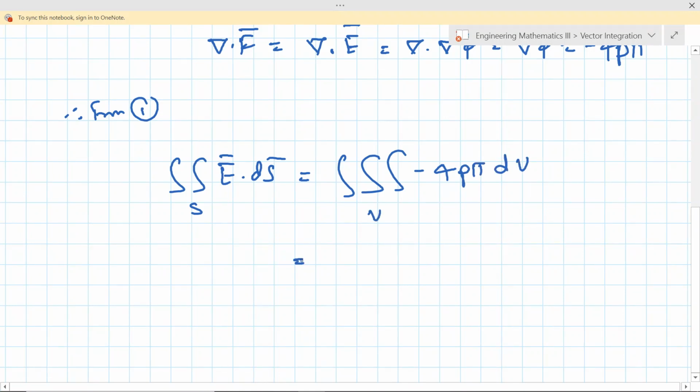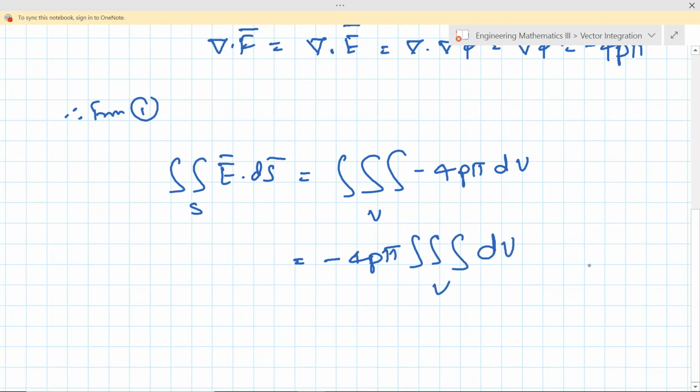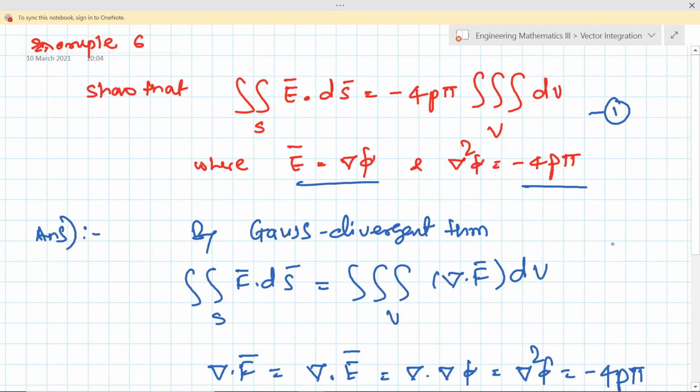And minus 4 rho pi is nothing but a constant, so it is outside: minus 4 rho pi triple integration dv over v. And that's it. This is the answer that I needed to show. So this is about the Gauss divergence theorem. Hope you understand it.